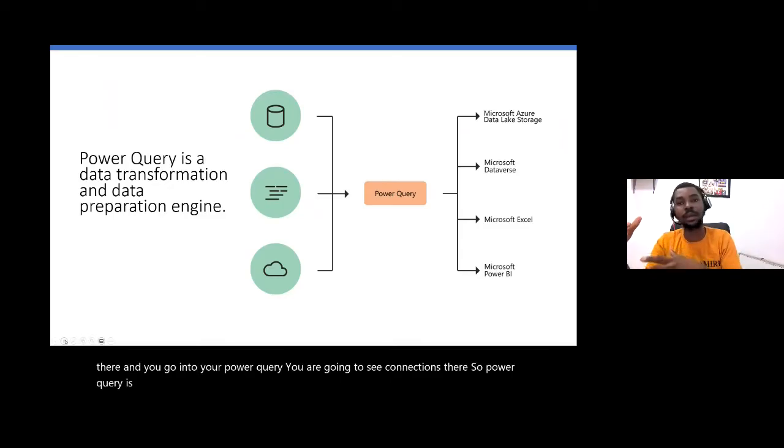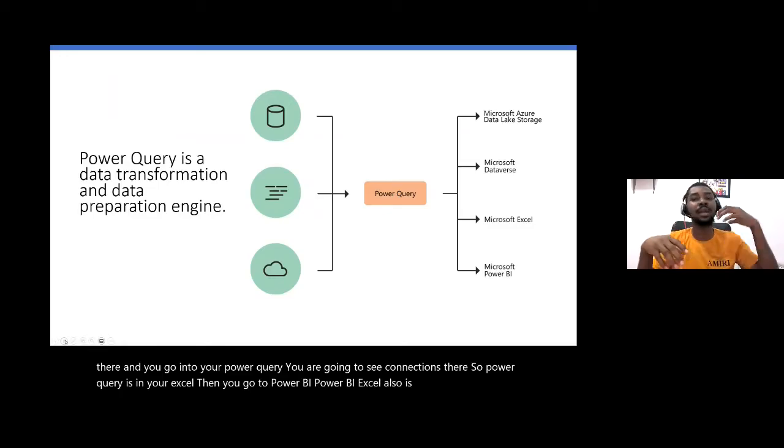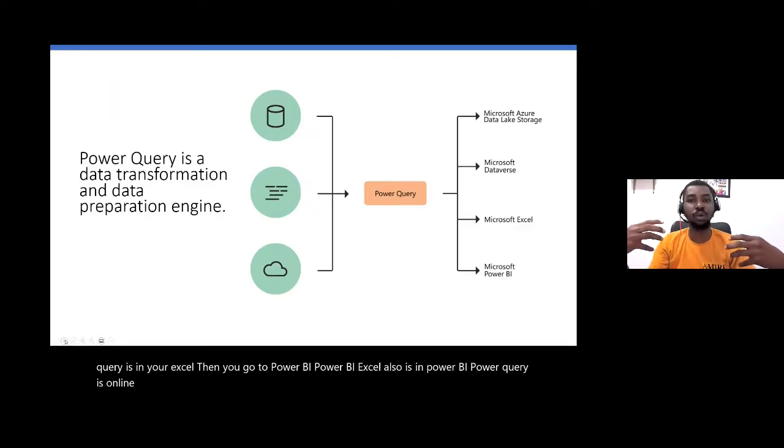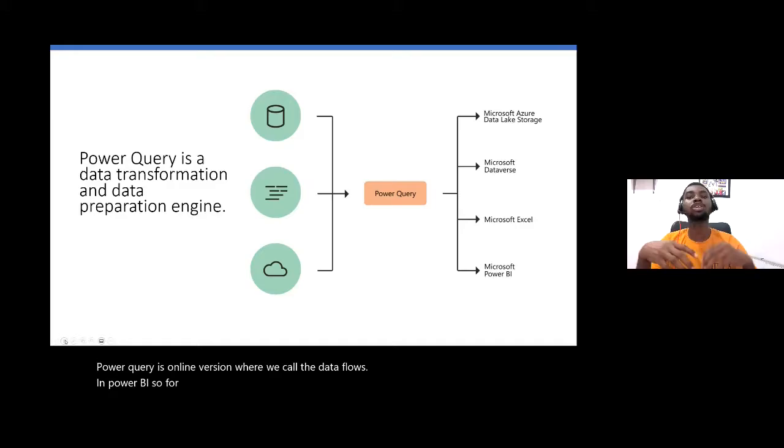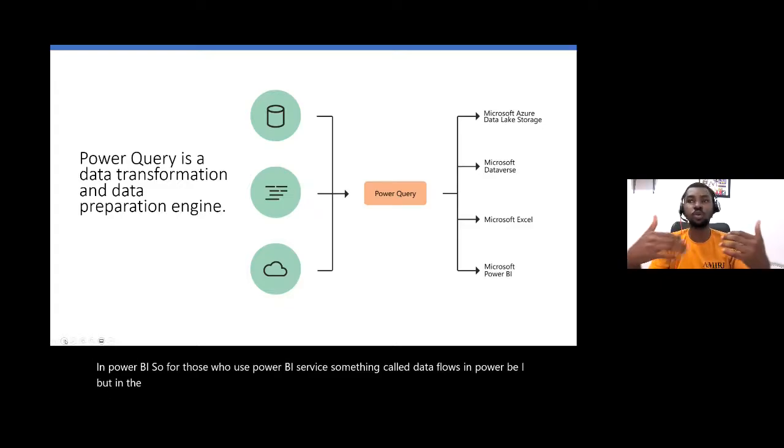Then you go to Power BI. Power Query is also in Power BI. And Power Query has its online version, what we call dataflows in Power BI. So for those who use Power BI service, you know something called dataflows. But in the desktop version, it is what we call Power Query.